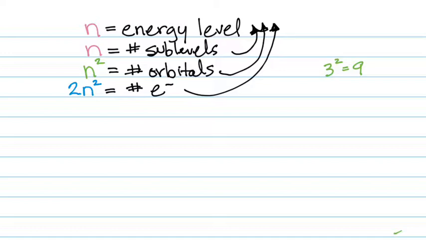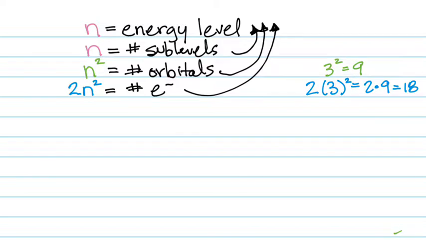So on your third main energy level, it is 2 times 3 squared, or 2 times 9, which is 18. So on the third main energy level, there are 3 sublevels. There are 9 orbitals, and there are 18 electrons, all within that third main energy level as far as where they can live.